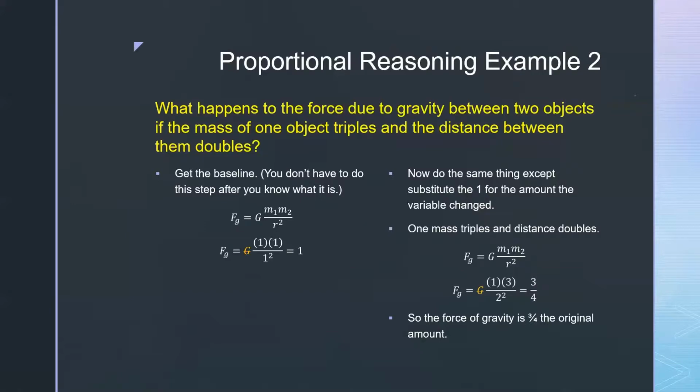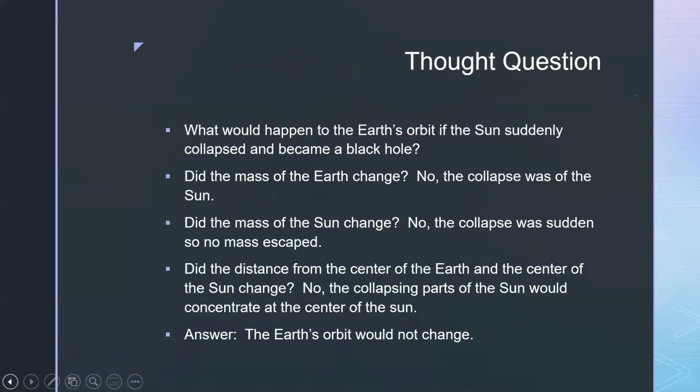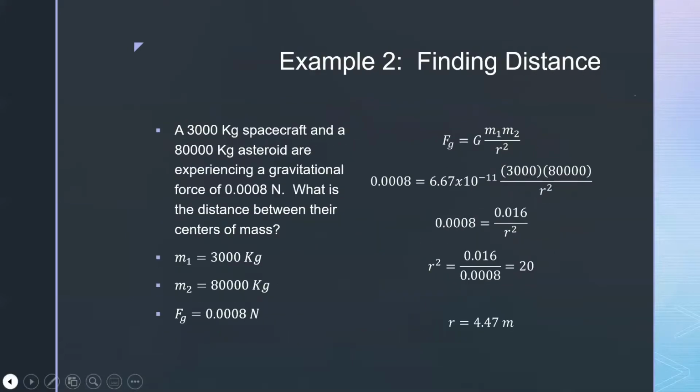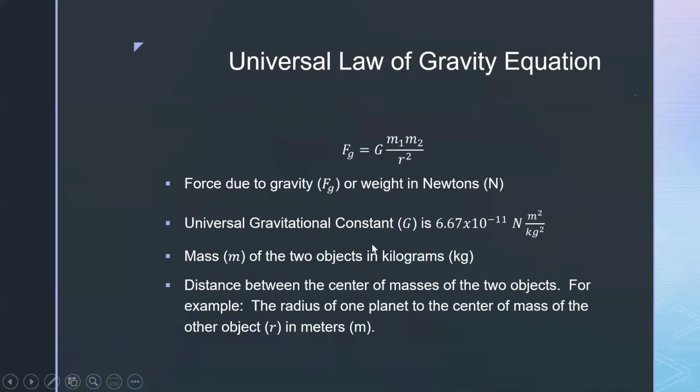Now, one more thing I want to talk about before I leave this, and let me go back to the very first equation here. Force due to gravity. When we did that before, we did weight equals mass times gravity, where gravity is 9.8 on the Earth.